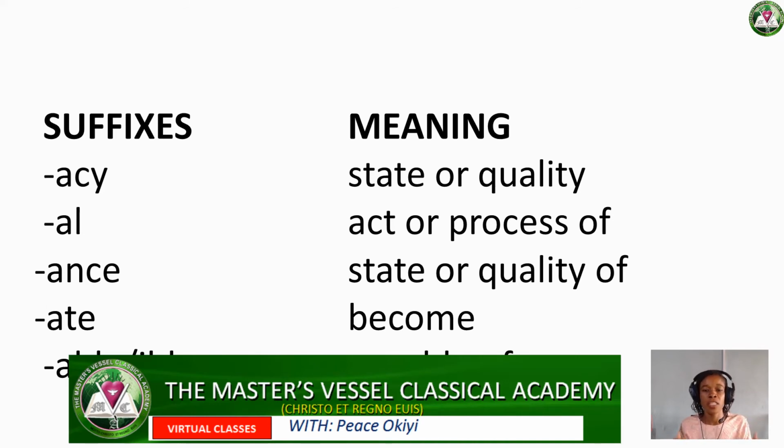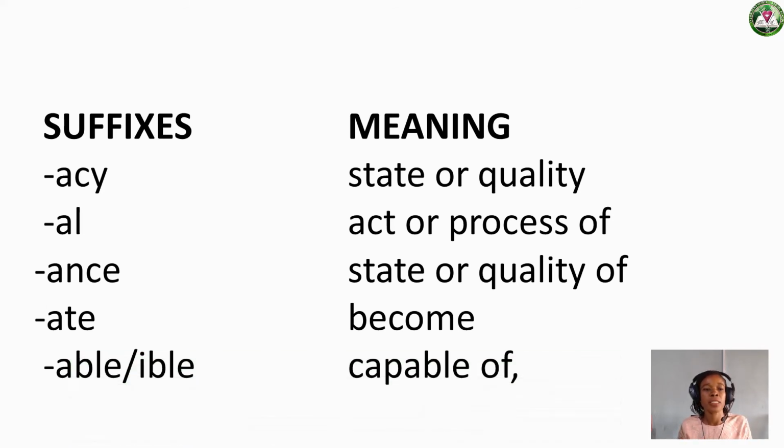Esi, state or quality of something. Al, act or process of doing something. Ans, et, able, that's capable of. When you talk about capable, that's able attached there. It changes the main word to another thing with a different meaning and grammatical function.